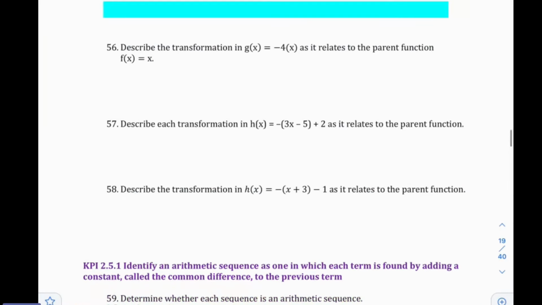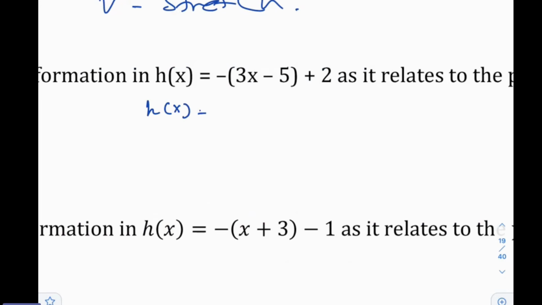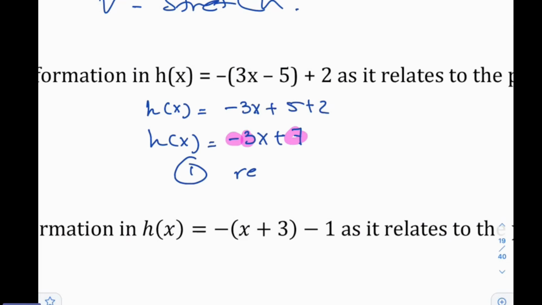Okay, here let's relate to the parent function. Here we have reflection across the x-axis. And for the 4, we have a vertical stretch. Here it's better to distribute the minus sign and combine like terms. So we will have all the changes. 1, reflection across the x-axis because it's not grouped.